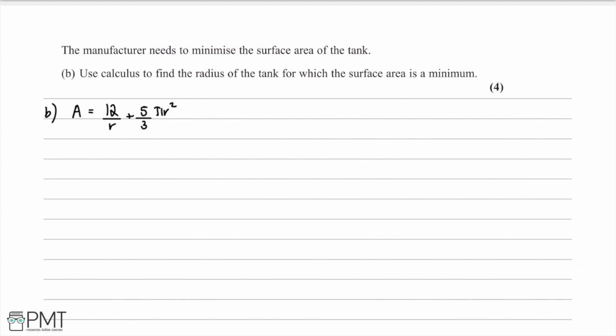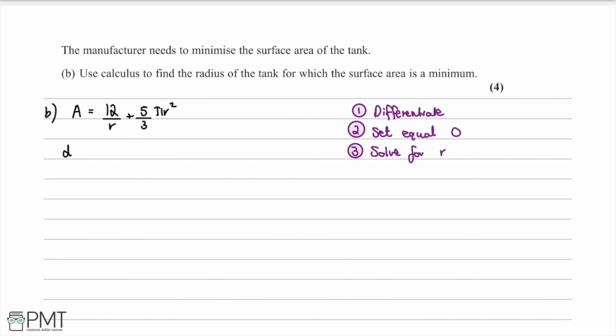So we know if we want to find a minimum, we're going to take our expression, we're going to differentiate it, and then our second step is going to be set equal to 0, and then our third step is going to be, in this case, we're working out the radius, so we will solve for r.